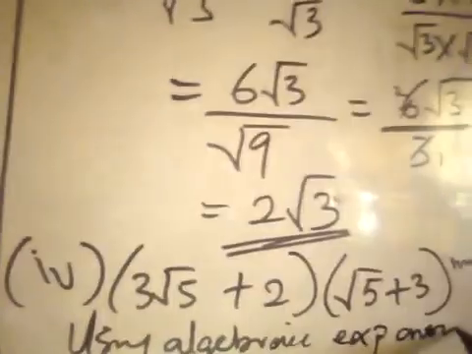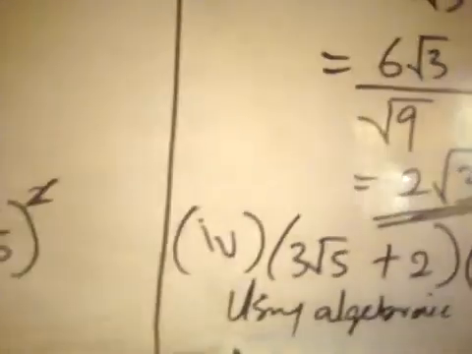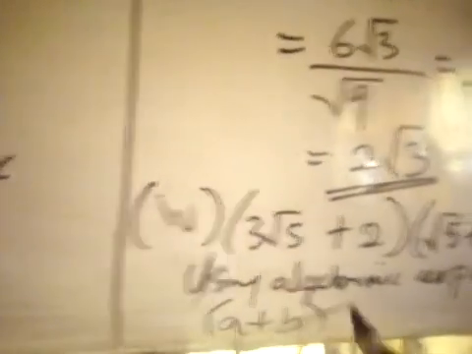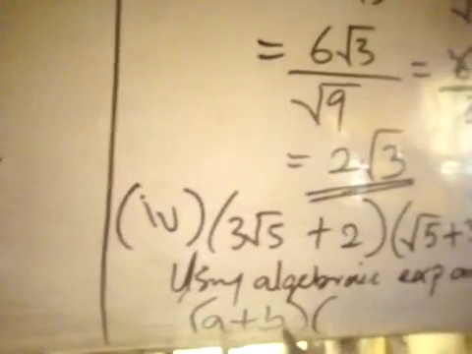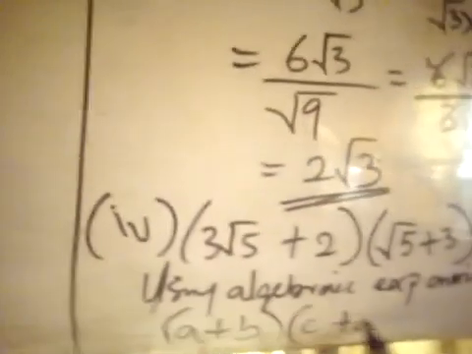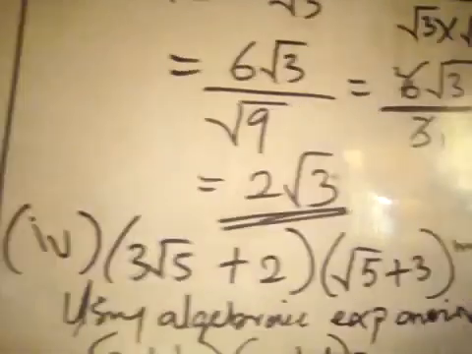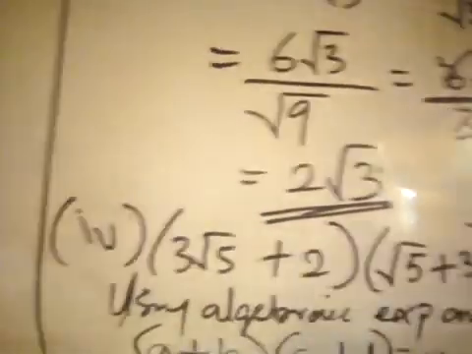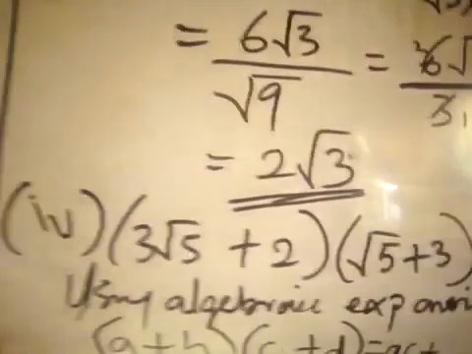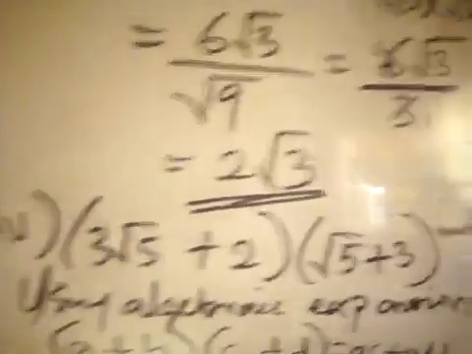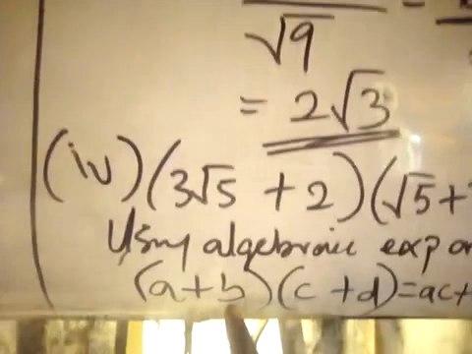Using algebraic expansion, if you have something like A plus B, multiplied by C plus D, how do you expand this? You multiply this by this. That will be AC, A times C, plus A times D, that is AD, plus this term again.